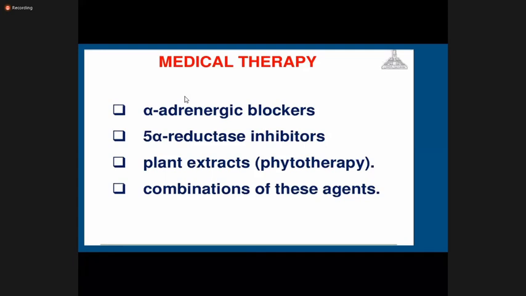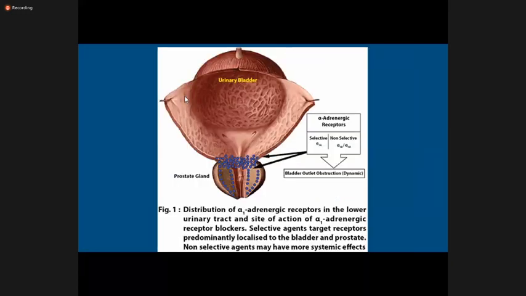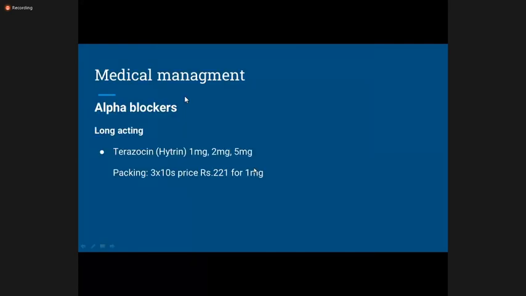So the medical treatments are alpha adrenergic blockers, 5-alpha reductase inhibitors, plant extracts, and combinations of these agents. Here you can see the alpha receptors, selective and non-selective. The alpha blockers are long acting.